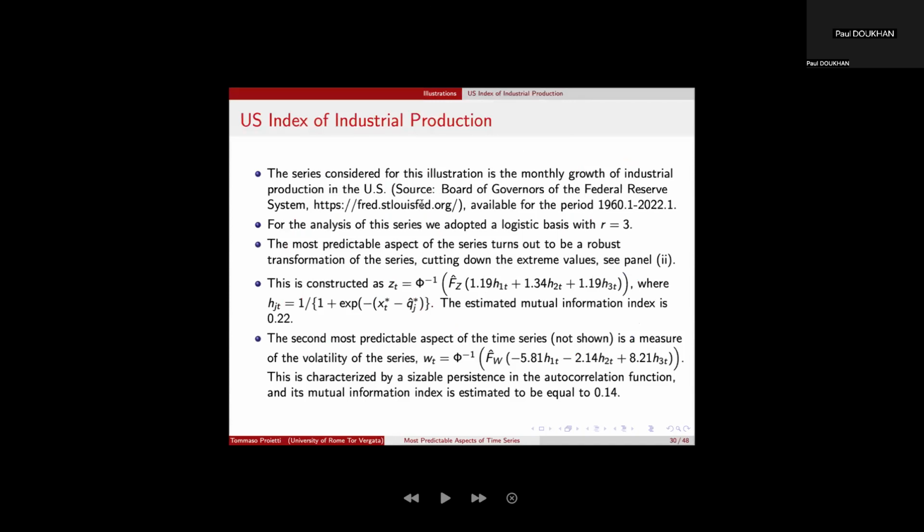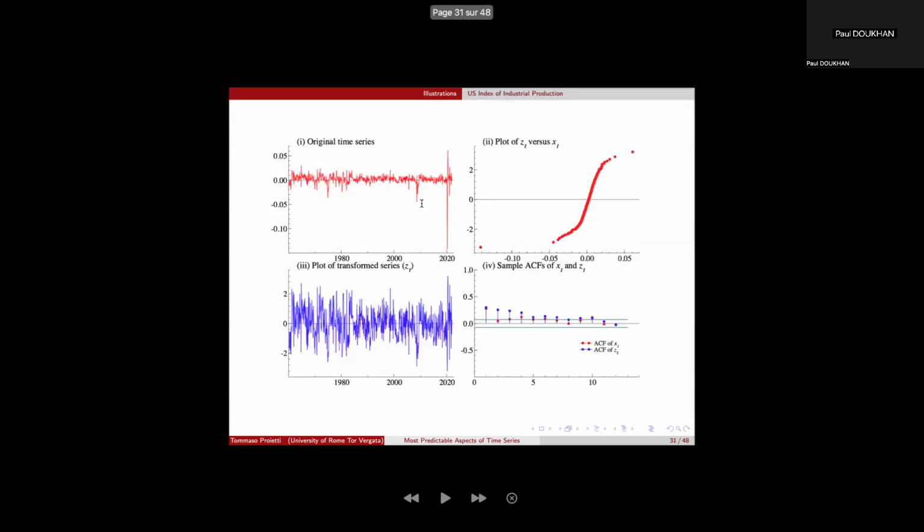Now, this other example, with the US index of industrial production, what happens there? This is a quite regular time series, with some autocorrelation pattern, but it's disturbed by the effects of COVID-19, right? So you see that there is a big increase in the amplitude of the fluctuation.